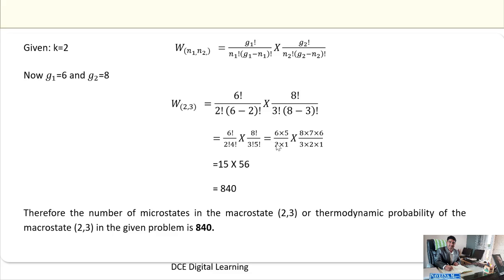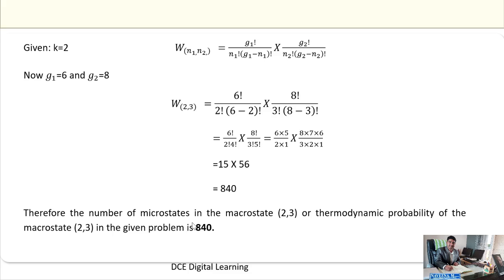We are left with 2 into 1. Similarly, on this side, 8 factorial divided by 3 factorial into 5 factorial we write as 8 into 7 into 6 divided by 3 into 2 into 1. Therefore, we will get 15 into 56. If we multiply these two, we will get 840.